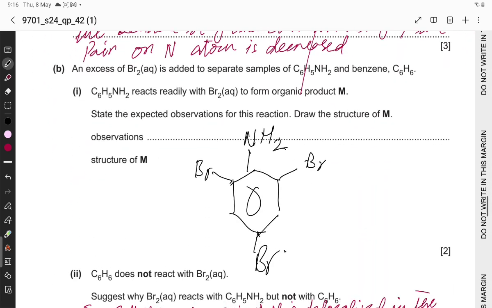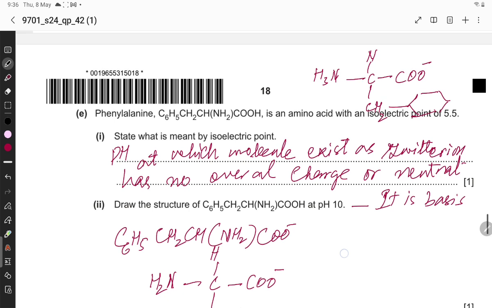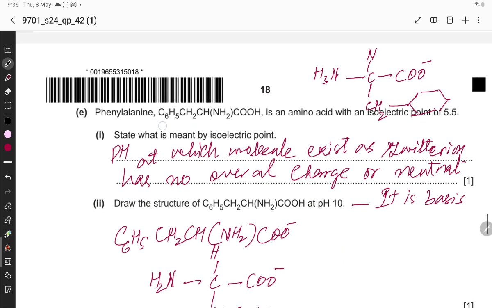An excess of bromine is added to separate samples of phenylamine and benzene. Phenylalanine, C6H5.